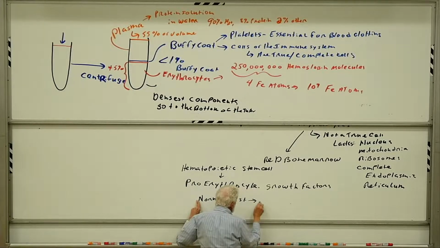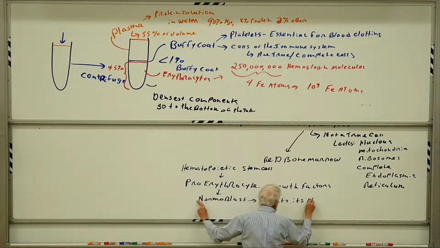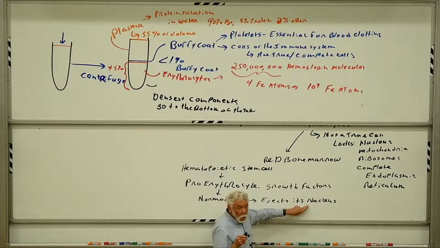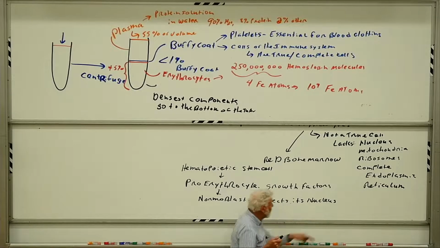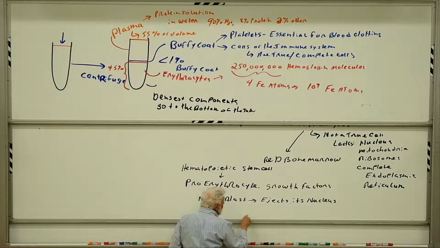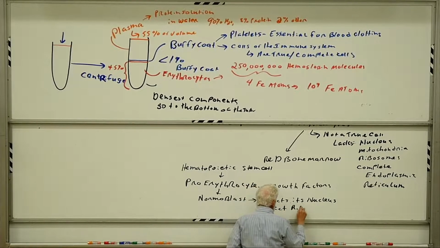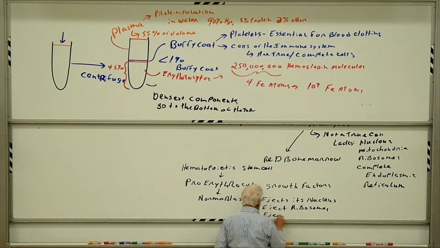The normoblast ejects its nucleus. That's a pretty serious thing to do. Remember, all of the genes that are going to instruct the cell how to make proteins, those are all in the nucleus, so that's gone. So this cell no longer can make types of RNA to make protein. Someplace in this process, we're also going to eject ribosomes. And we're also going to eject mitochondria.